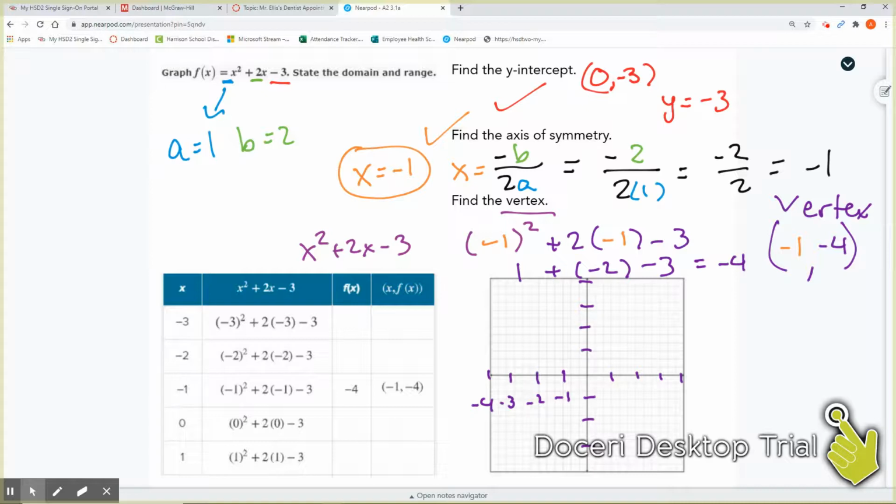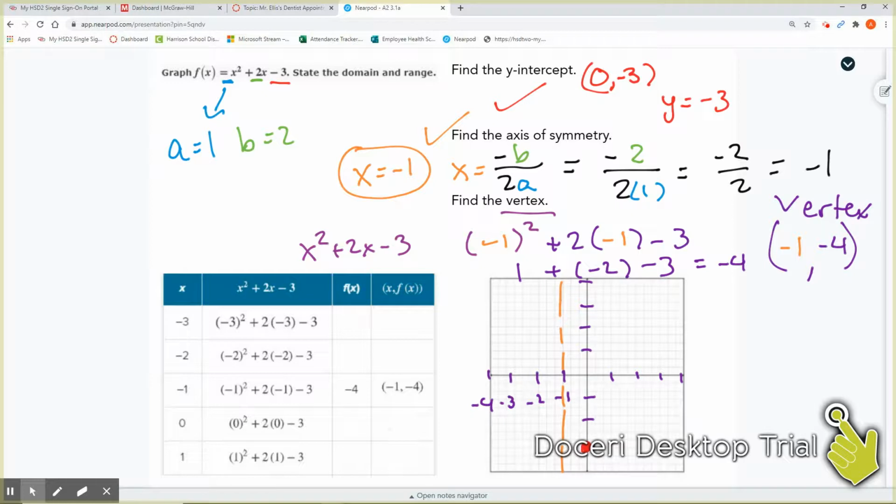All right, now that I'm graphing it, my y-intercept is at -3. So I'm going to plot that point on the y-axis. I put a point at -3. My axis of symmetry will be at -1. So at -1, I'm going to do a dashed line just to visualize what my axis of symmetry looks like.